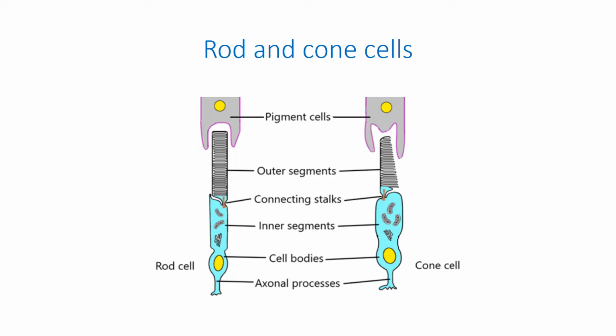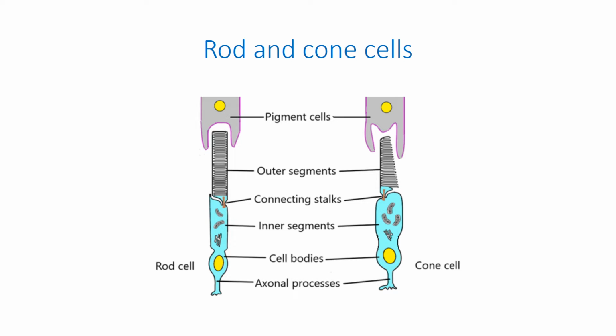The inner segments of both types of light-sensitive cells possess organelles associated with active protein synthesis, such as rough endoplasmic reticulum, free ribosomes, Golgi complex, and mitochondria. The connecting stalk between the outer and the inner segments contains modified cilium.